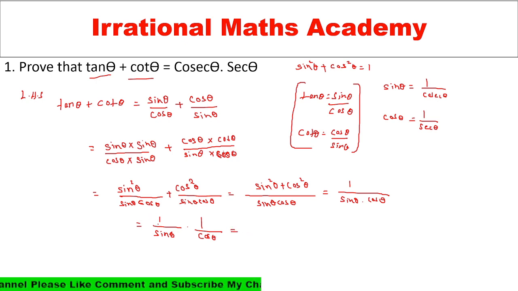Now we know that 1 by sin theta is nothing but what? Cosecant theta. And 1 by cos theta is what? Secant theta. So which is the right hand side? We can say RHS. We got it. Is this clear?